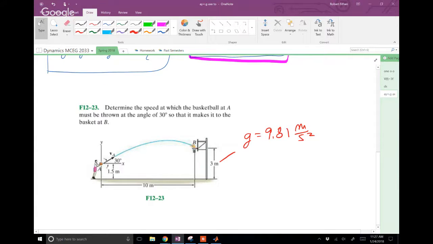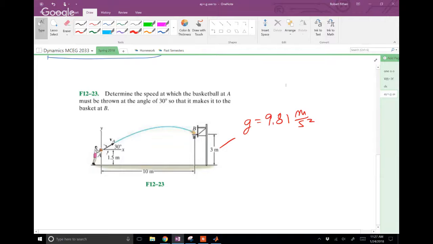The first thing I realized is that I need the initial velocity out of that. He doesn't tell me, he wants to know VA, but if I want to write VA as a vector, how about, it's the initial velocity. I don't want to necessarily label it. I don't want to label it this.